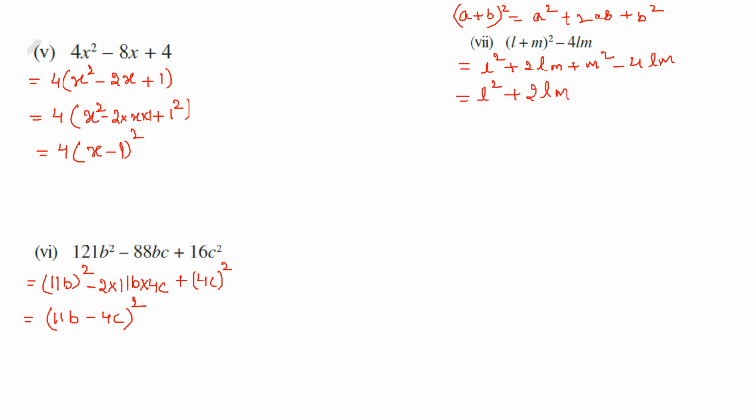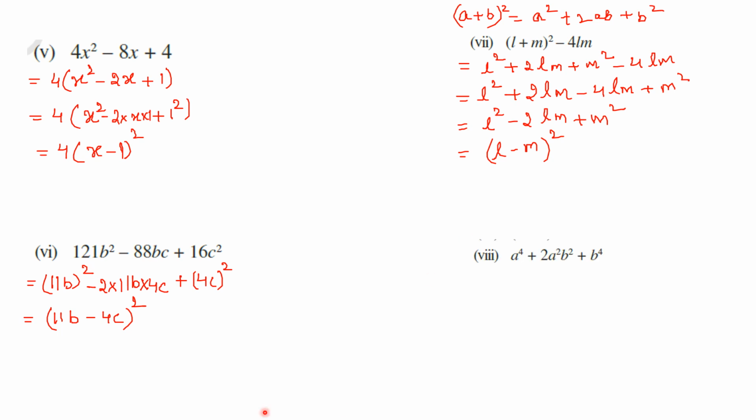So I can group it together, isn't it? And 2lm minus 4lm will give me minus 2lm. So minus 2lm plus m square. And you can see now this is identity a minus b whole square, where your a is L and b is m. So I can write it as L minus m whole square. So L minus m whole square is L square minus 2lm plus m square.